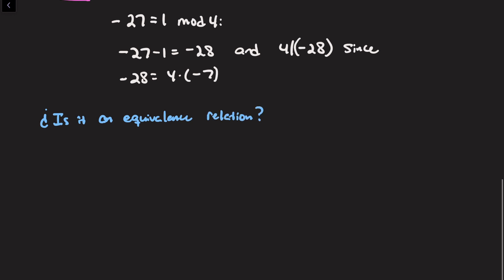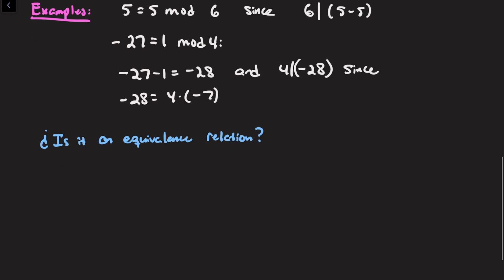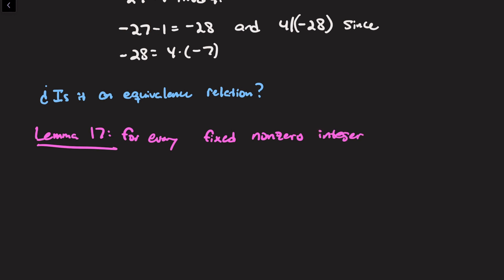And yes, it is. I'm not going to keep you in suspense. So let's formulate and prove this fact. For every fixed non-zero integer m, congruence modulo m is an equivalence relation.